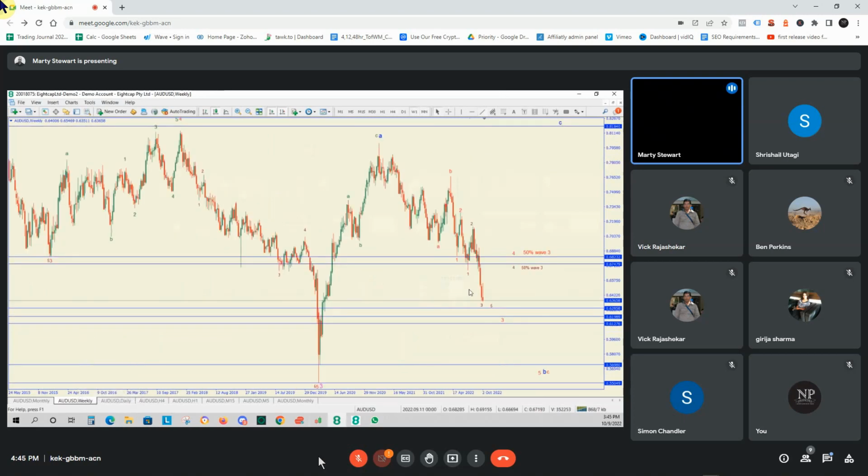Come down to our weekly. We have a 1, a 2, 3. This sort of isn't finished. We need to see 5 waves, so it's very possible we can come down further into here, back up here somewhere.